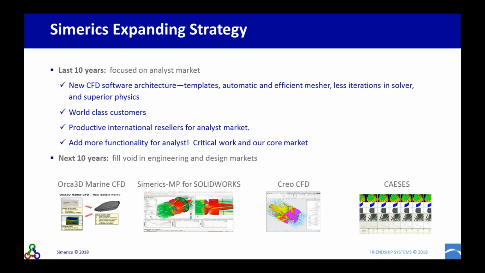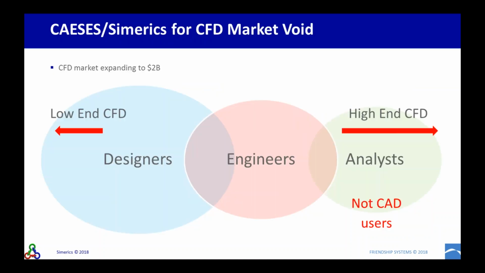We have lots of analyst customers, a productive international reseller group, and we will just continue to add more and more functionality for the analysts so that we can grow our core. But our next 10 years is now focused on this void: Orca 3D, Simerics-MP for SolidWorks, Creo CFD, and the CAESES Simerics integration.